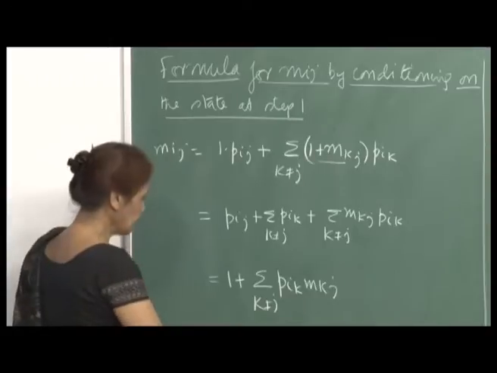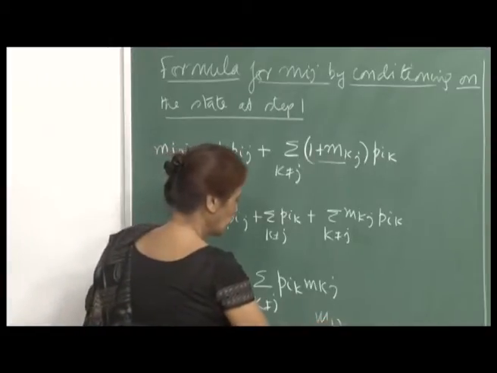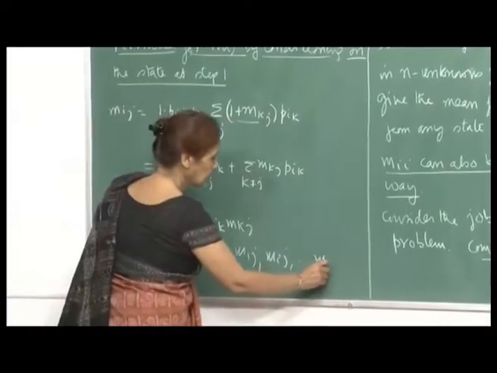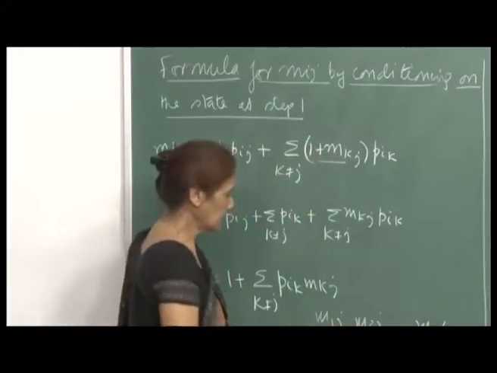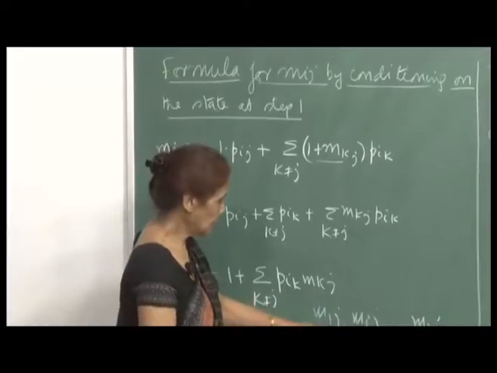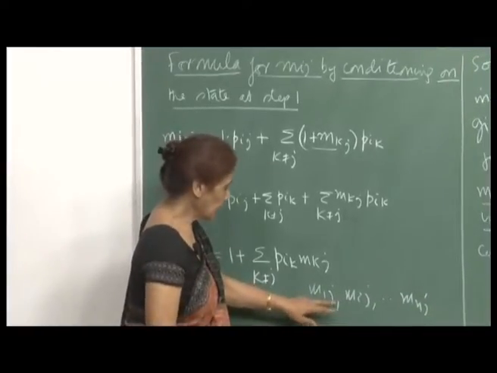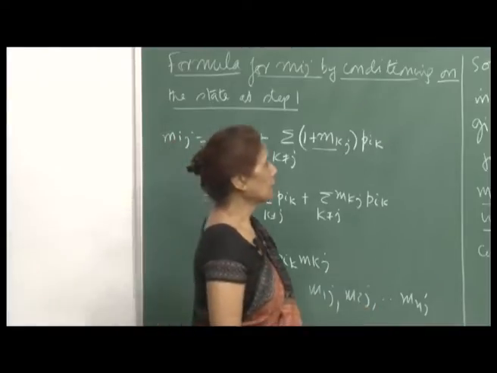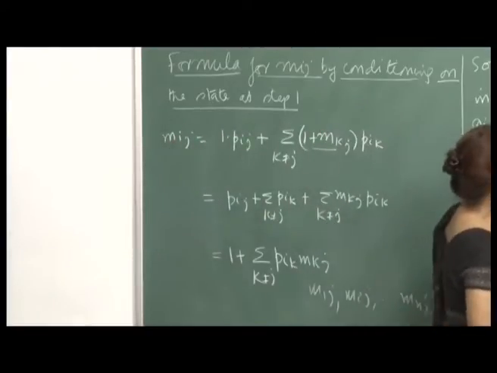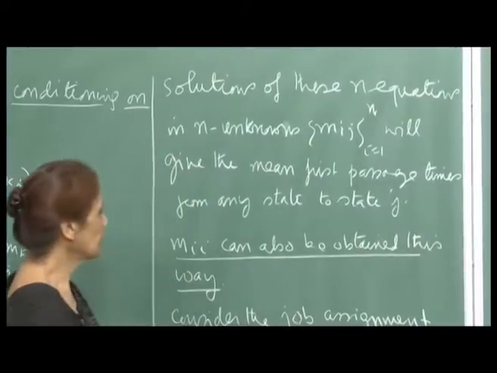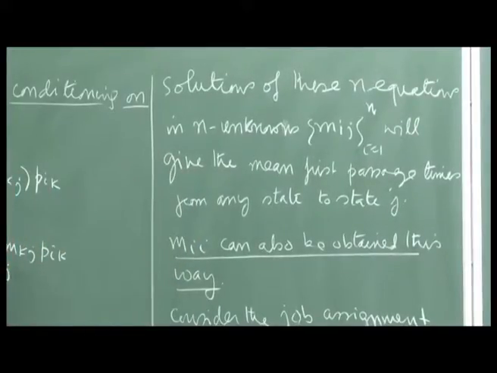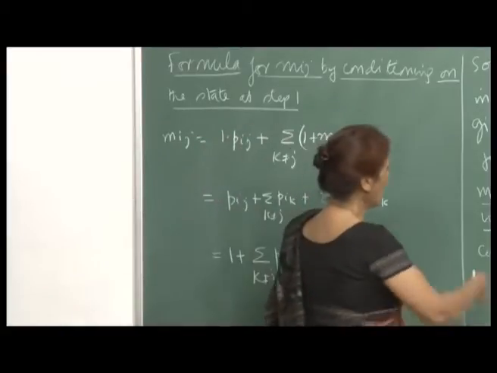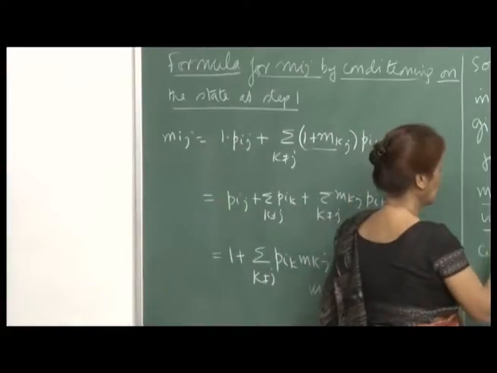That means you are asking for m1j, m2j and so on up to mnj, the first passage times to j from any one of the states 1 to n. So, these are n variables, and because i varies from 1 to n, we have n equations in n unknowns.